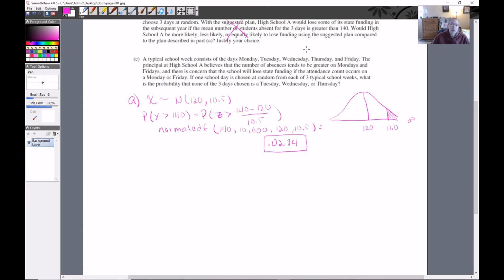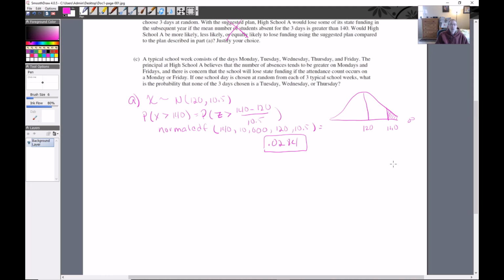A typical school week consists of the days Monday, Tuesday, Wednesday, Thursday, and Friday. The principal at high school A believes that the number of absences tend to be greater on Mondays and Fridays. That's probably true. And there is concern that the school will lose state funding if the attendance count occurs on a Monday or Friday.